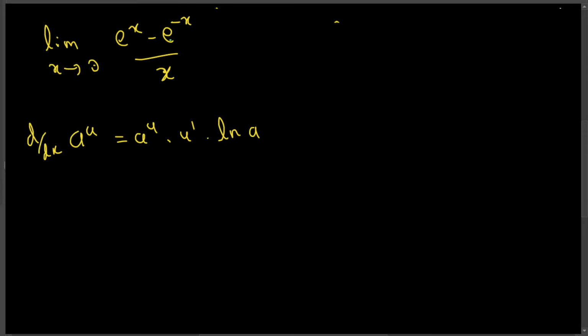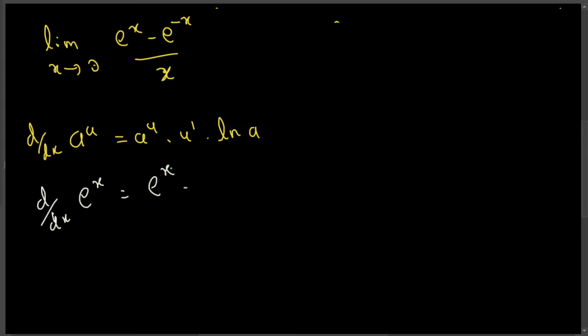If I do that for this one, let's do that for e power x first. I take the e power x here and I take the derivative d by dx. If I take the derivative first, we are going to have a power u as it is, so e power x remains the same, and I take the power and take the derivative of that one.